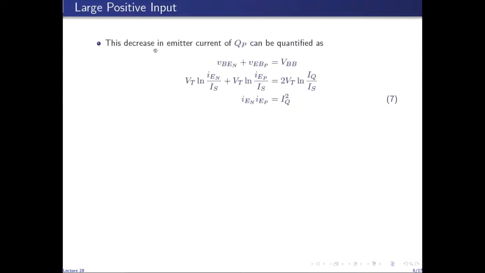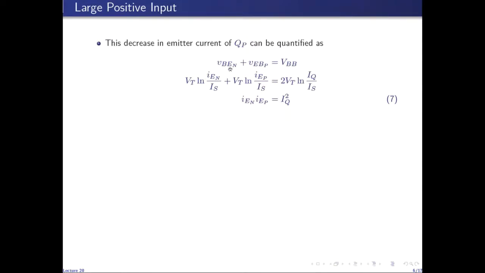This decrease in emitter current can be quantified by again looking at this equation. Like I said, this will always hold. So as VBE of N increases, VEB of P will decrease, which will decrease IEP. We can quantify this decrease by using the expression for the collector current in terms of the base emitter voltage, assuming that alpha is almost 1 and ignoring the Early effect.